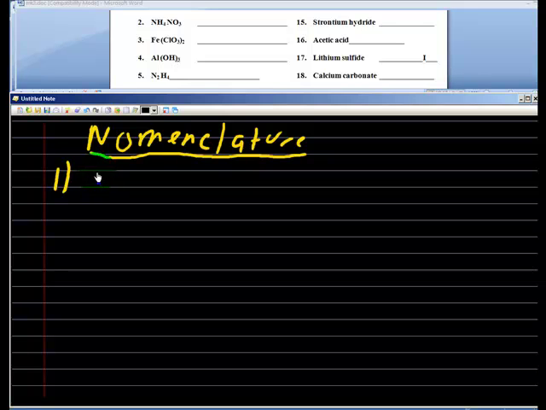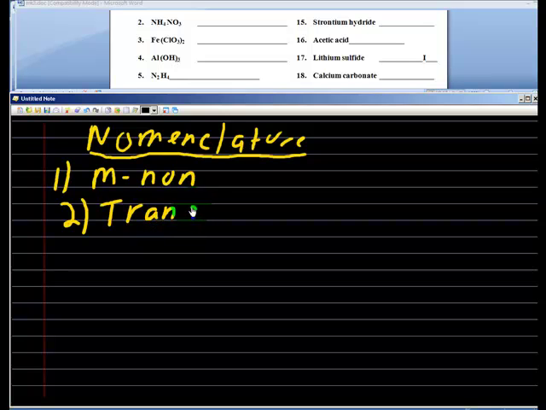The first type of compound or category is when a metal is bonded to a non-metal. For example, when lithium is bonded to sulfur. Lithium's a metal, sulfur's a non-metal. The second category is naming compounds that have a transition metal in it.